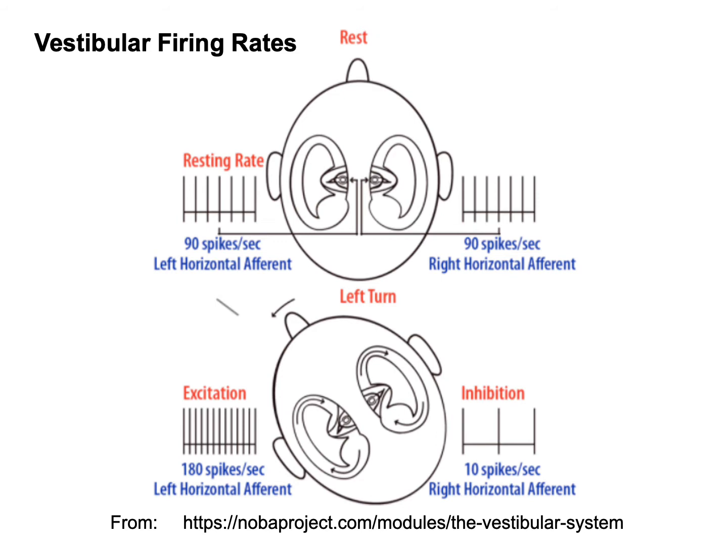When we make that left-hand turn, then what we see is an excitation, so perhaps it goes up to 180 spikes per second on the left-hand side, and then on the right-hand side, you'll see that inhibition on that right vestibular system, and so it may go down to like 10 spikes per second. This is actually sourced from the link that's below, the NOBA project, and there's some other really interesting information on that website, so check it out.